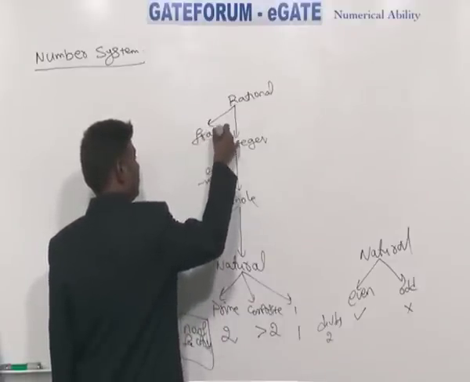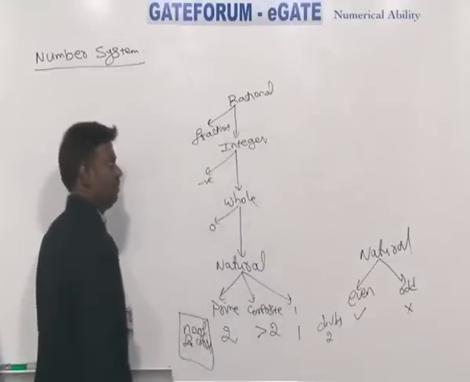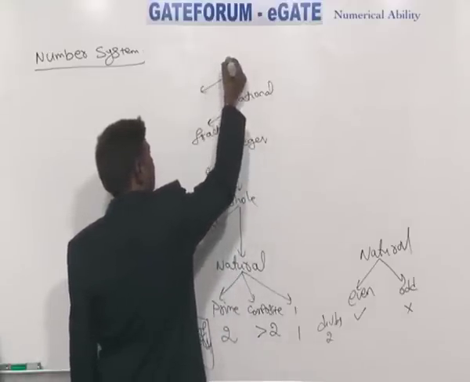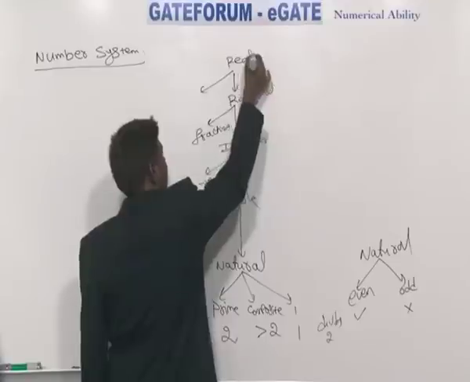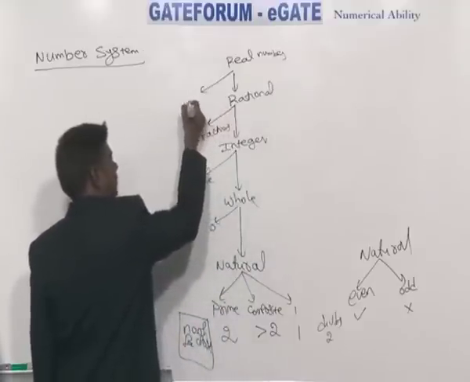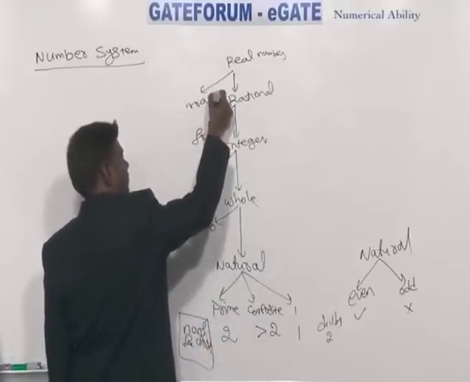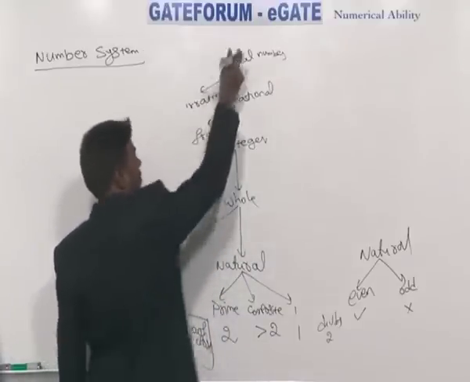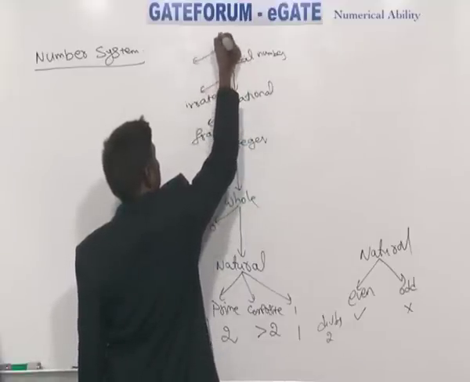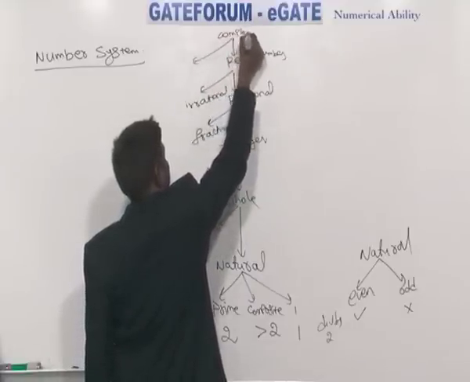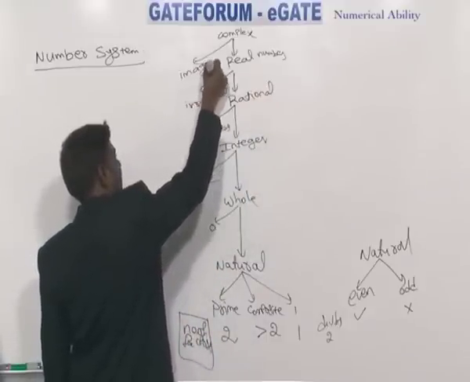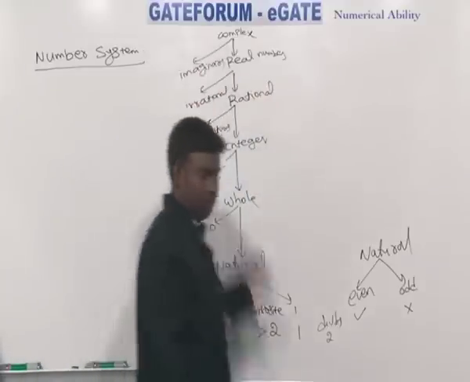Extra ones are fractions. If you consider the superset of rational numbers, real numbers, where the other one is irrational. If you consider the superset of real numbers, complex, where the other set is imaginary. Please take down fast.